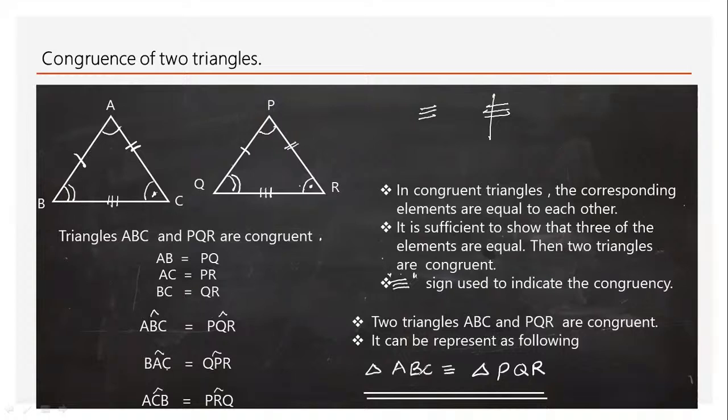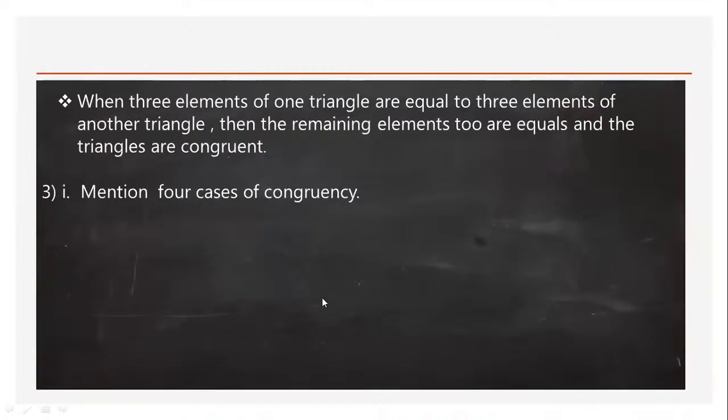ABC triangle congruent to PQR triangle. You can represent it like this. When 3 elements of one triangle are equal to 3 elements of another triangle, then the remaining elements too are equal and the triangles are congruent.